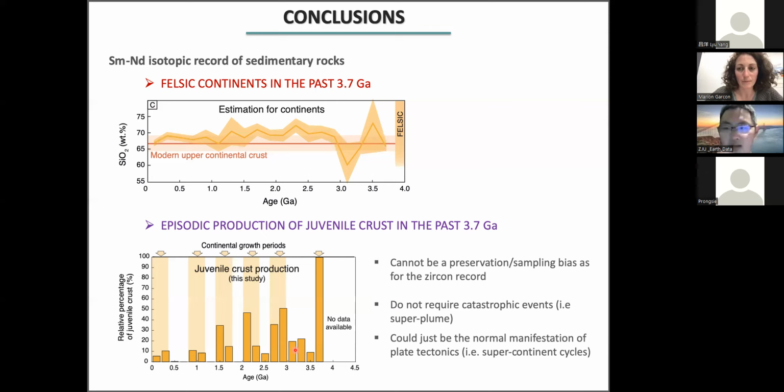Okay, so Trinas asks: for the 200 million year bins, will that affect your results? Is it possible to get a more precise time resolution to reconstruct the silicon dioxide over time? The bin size has no impact on the data. They are in the supplementary file of the paper.